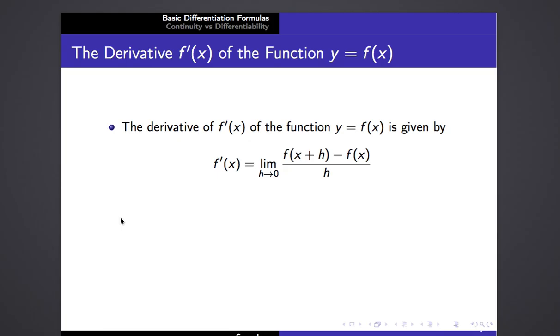But in this case, the derivative becomes just another function, okay, for this generic x. So f prime of x is given by the limit as h goes to 0 of f of x plus h minus f of x, all over h.